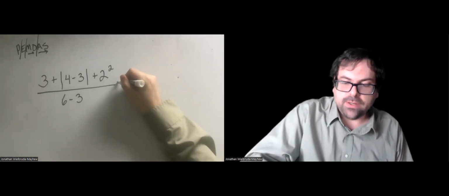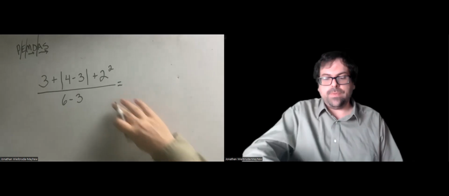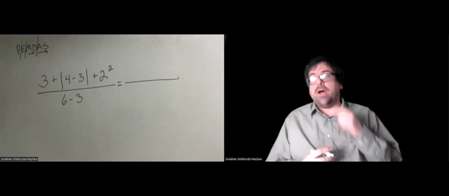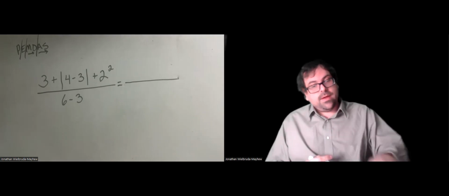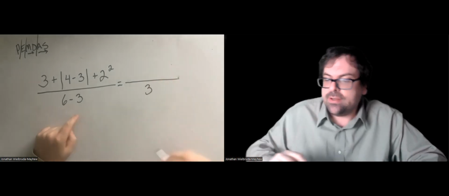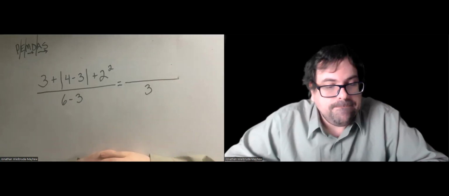We have a fraction bar. Top and bottom, 2 separate problems until the end. And on the bottom, all we have is 6 minus 3. Let's just go ahead and make that 3 now.